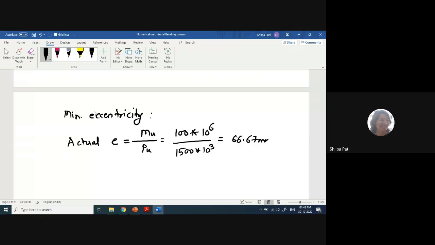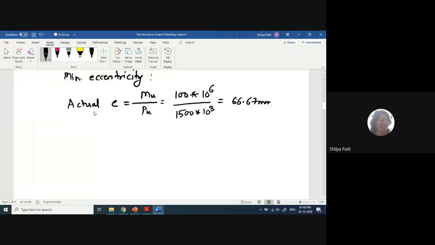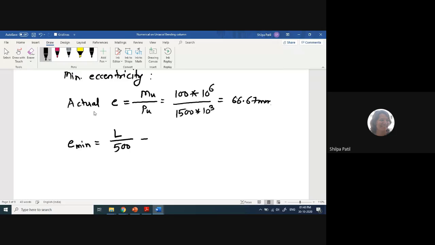66.67 mm. So this is the actual eccentricity in the column. Now let us find out the minimum eccentricity, E minimum. By the formula, it is L by 500 plus D by 30. So put the values.